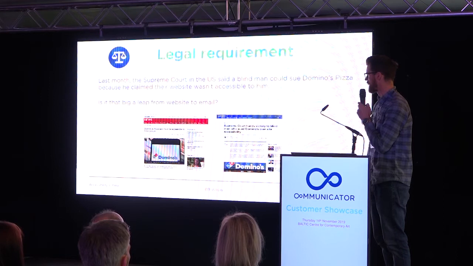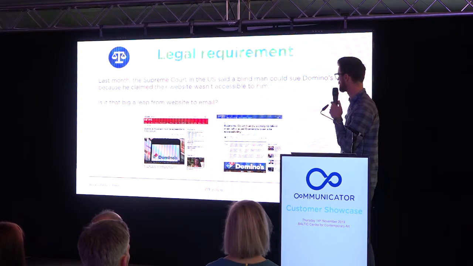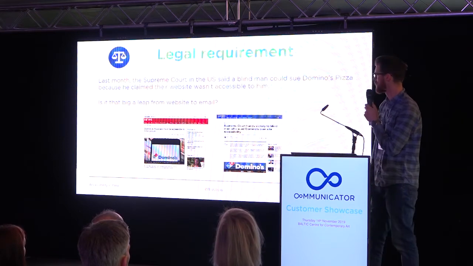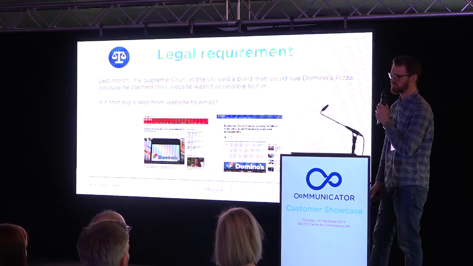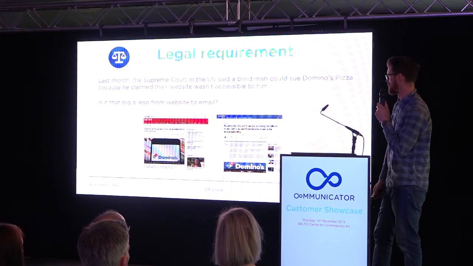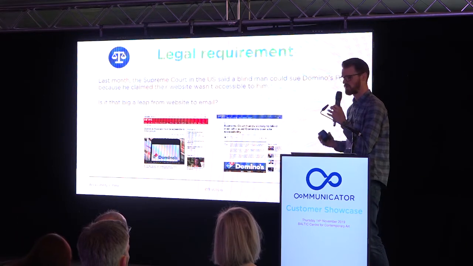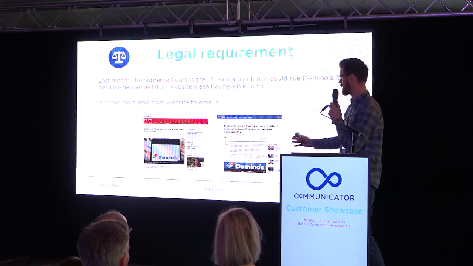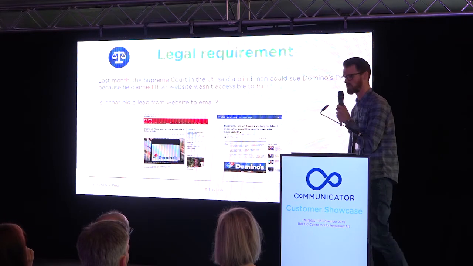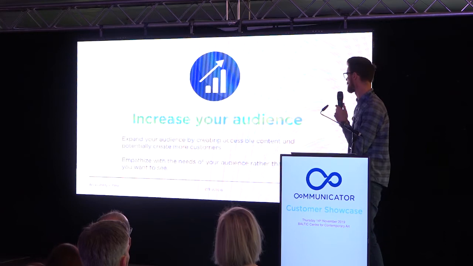And while nothing over here has happened yet, last month the Supreme Court in the US said a blind man could sue Domino's Pizza because he couldn't order pizza through the website. If you think emails are very closely linked with a website, how long is it before people start looking at whether your emails are accessible? Can you go to court because your emails aren't accessible?